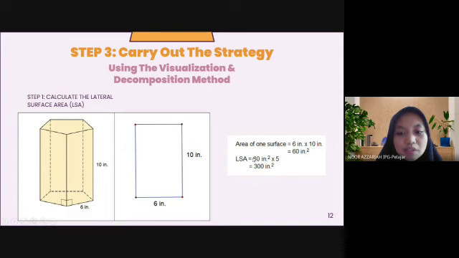So we must find the area of one surface first, which is 6 inch times 10 inch. We get 60 inch square. And then we find the LSA, which is 60 inch square multiplied by 5, which gives 300 inch square.